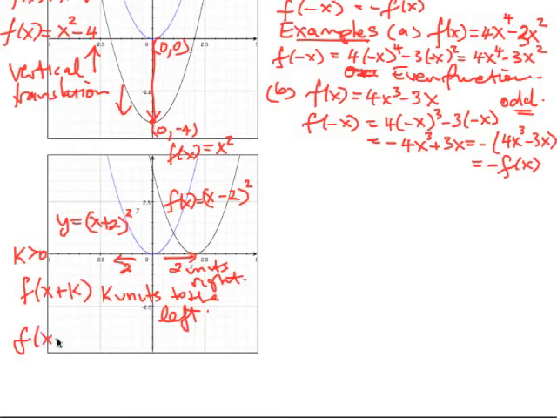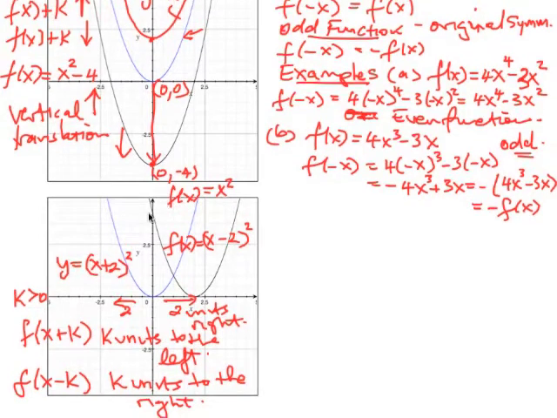If I have f of x minus k, when k is positive, then it's k units to the right. So that allows us to draw exactly the same curve, but really we're just translating each point k units to the left or k units to the right or k units up or down the x-axis.